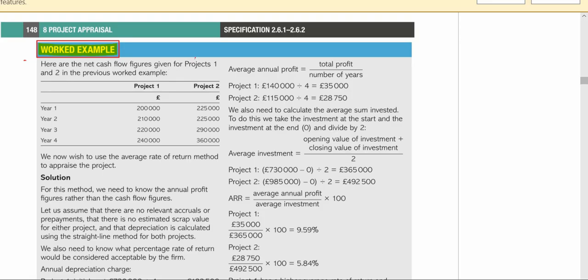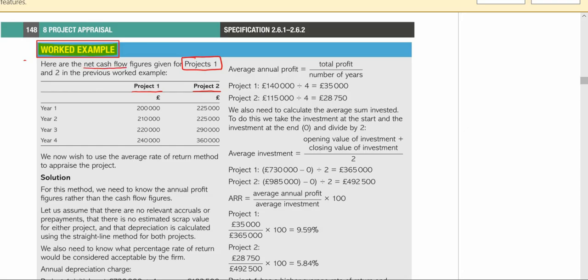This is copy-pasted data for projects 1 and 2 from the previous example. So project 1 and project 2 remain the same as we discussed in the previous example. Here are the cash inflows of 200,000, 210, 220, 240, and here are the net cash flows of project 2.